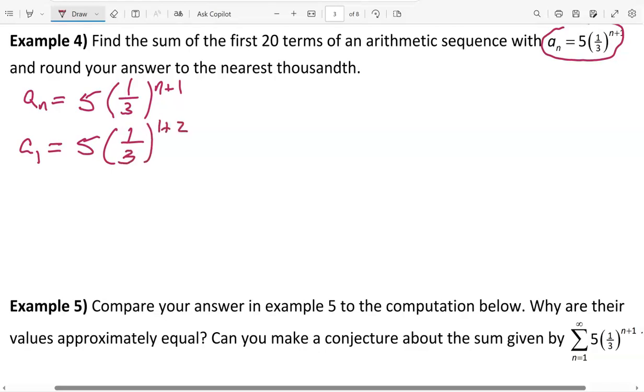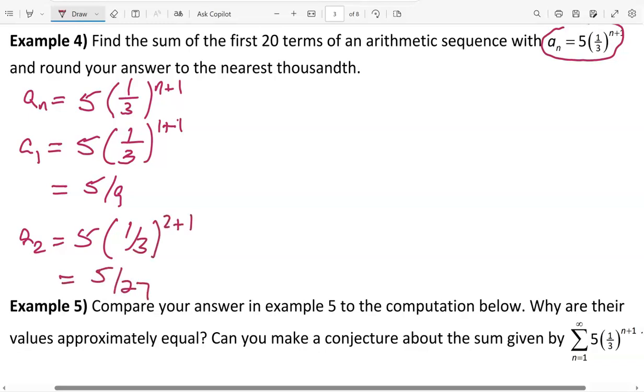And so now we have 1/3 to the 1 plus 1 power, which would be the second power. 1/3 to the second power is 1/9, times 5 is 5/9. Our second term is 5 times 1/3 raised to the 2 plus 1, which would be 5/27.